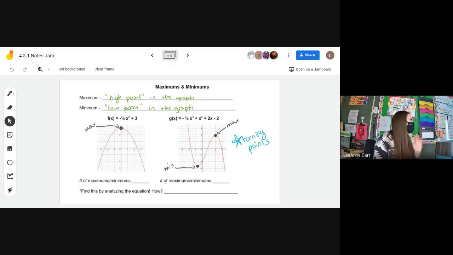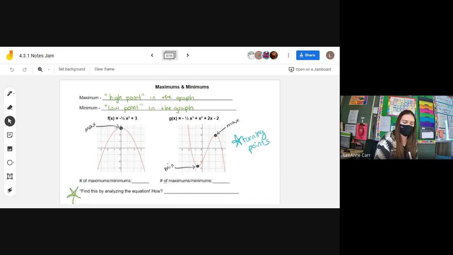All right, now on your assessment, though, I'm not going to give you this graph and ask you to point it out. I am literally going to give you these equations. I'm going to give you that, and I'm going to give you that, and I'm going to say how many maximums or minimums. And so our rule for that, I want everybody, make sure you get this rule down, star this, highlight it, whatever you need to.